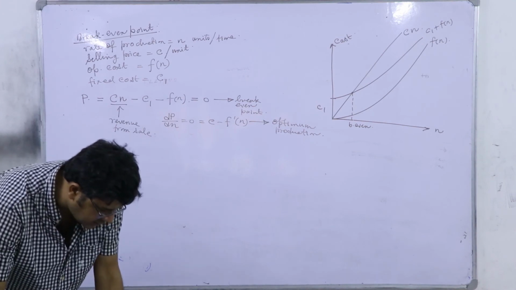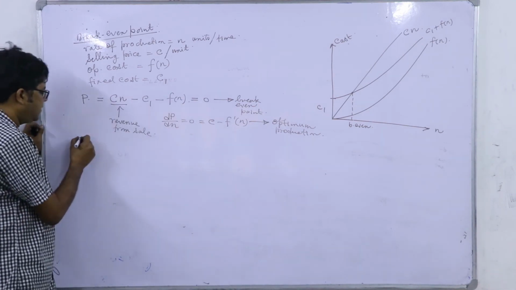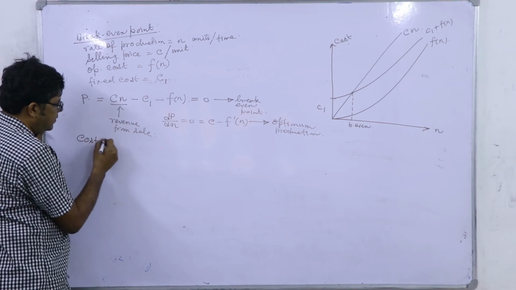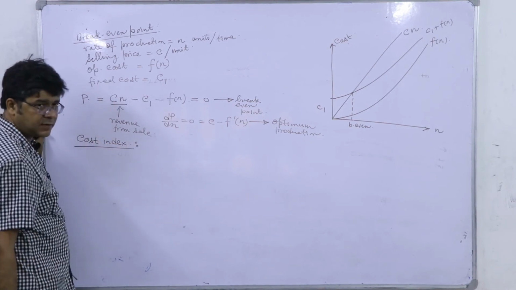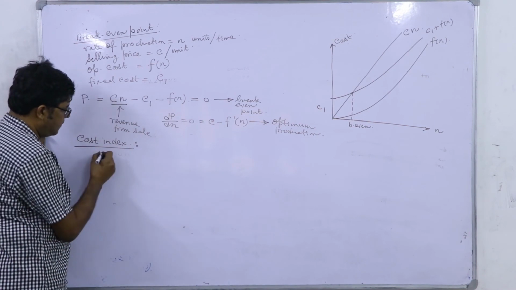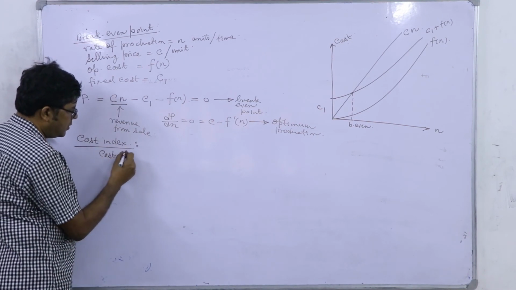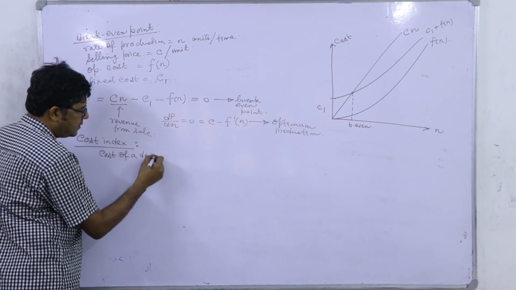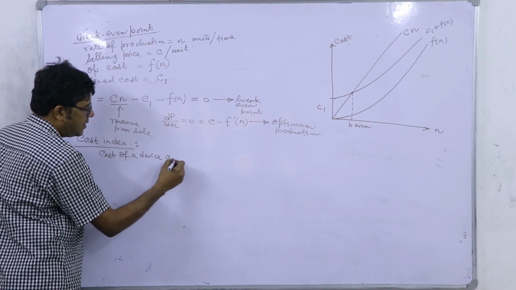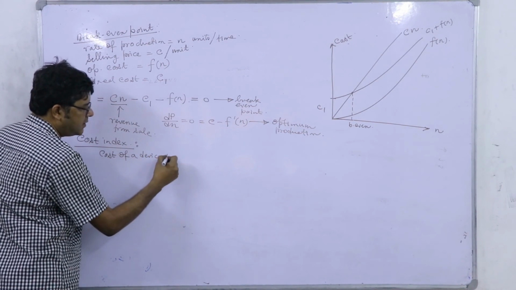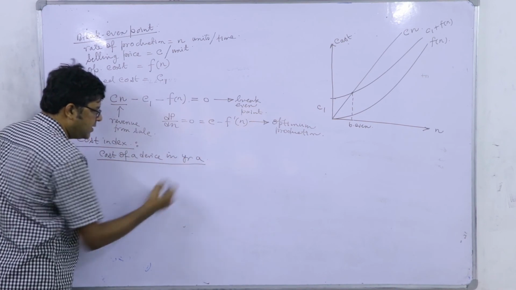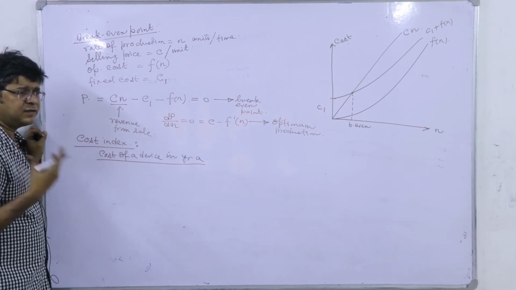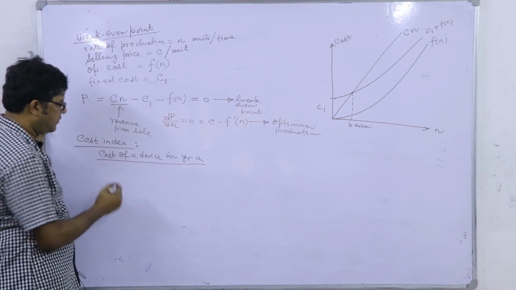Next, it is about the cost index. So, actually the cost index accounts for inflation or deflation. Say the cost of a device in year A. So, it is basically introducing a concept or measure of utility of that device.